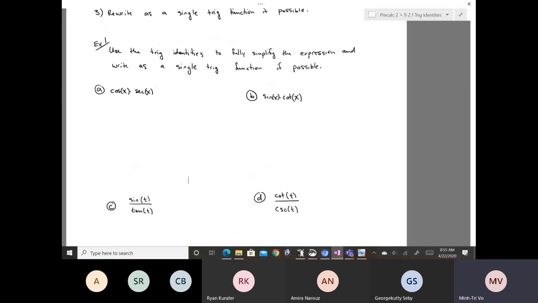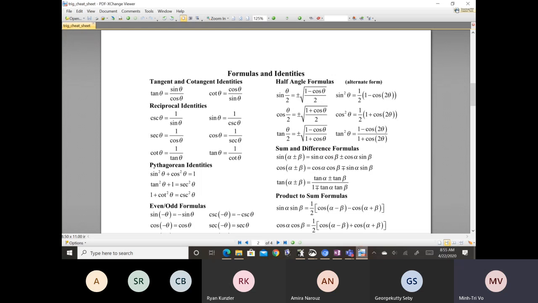Another thing to keep in mind is that sine and cosine are the basic trig functions, right? So typically you want to use the identities that reduce everything in terms of sine and cosine. If you see tangent, you want to think of it as sine over cosine. If you see cotangent, think of it as cosine over sine. If you see cosecant, think of it as 1 over sine. And if you see secant, think of it as 1 over cosine.